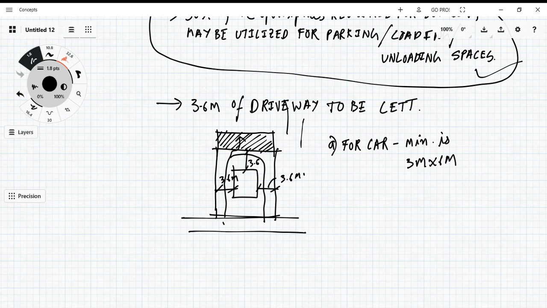Everybody of us knows, guys, 3 meters by 6 meters when an individual car park is provided, suppose you are providing only for one car.